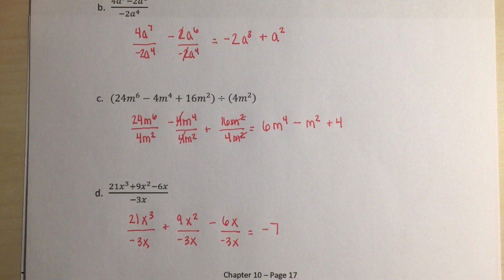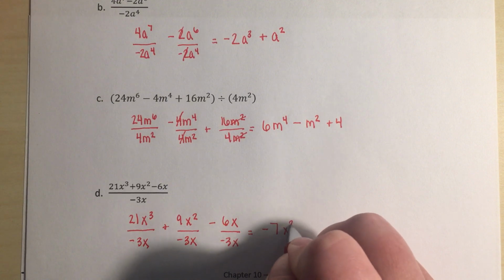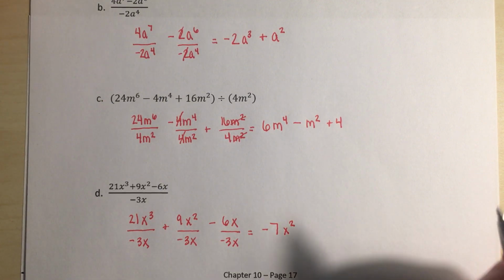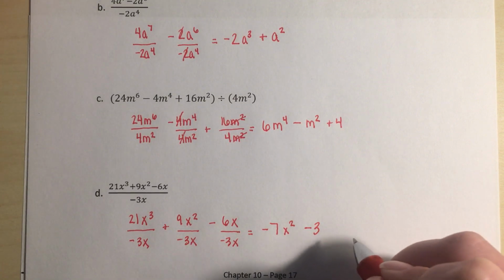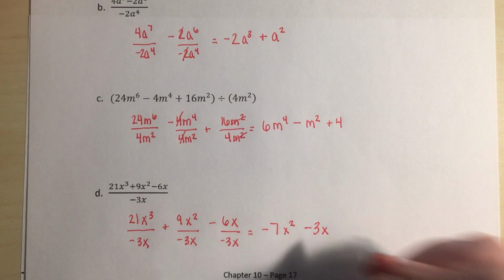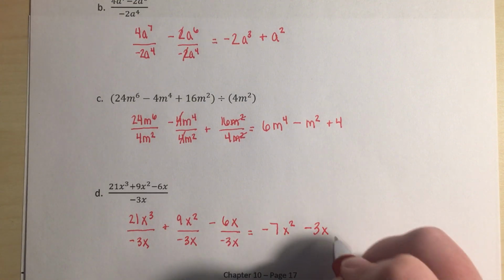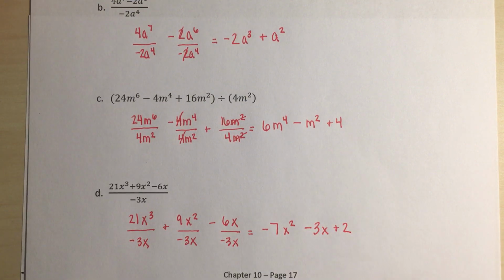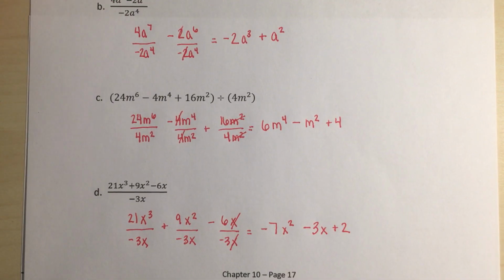Again, positive divided by negative is still negative. We subtract. 3 minus our invisible 1 is going to give us x squared. Positive 9 divided by negative 3 gives us negative 3. X squared divided by x, subtract. 2 minus 1 gives us 1. Negative 6 divided by negative 3 gives us positive 2. Those x's cancel, so we are done.